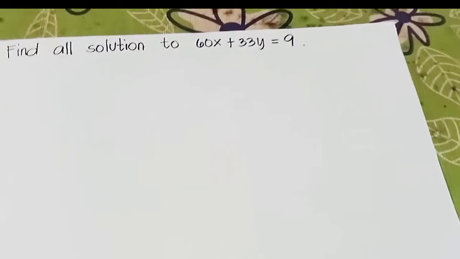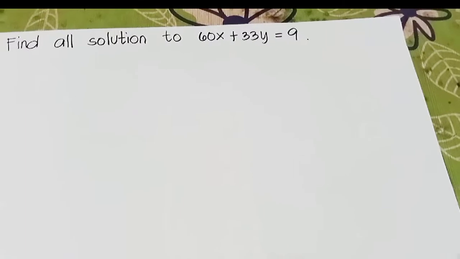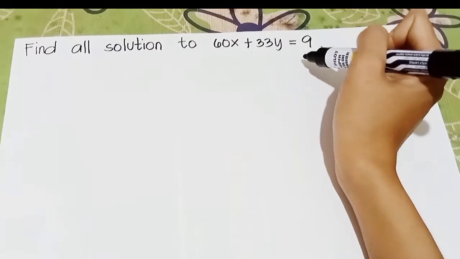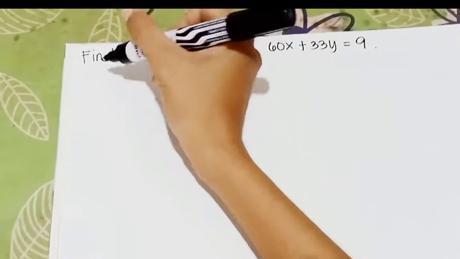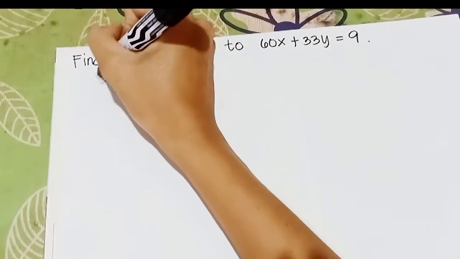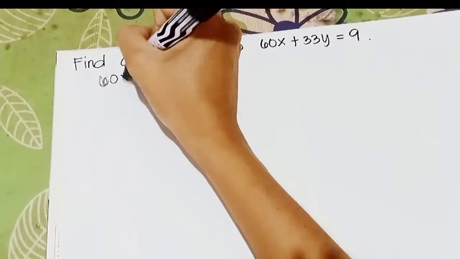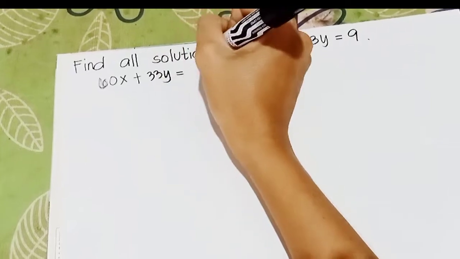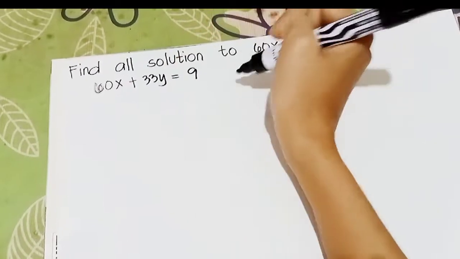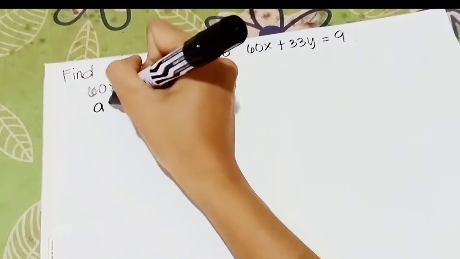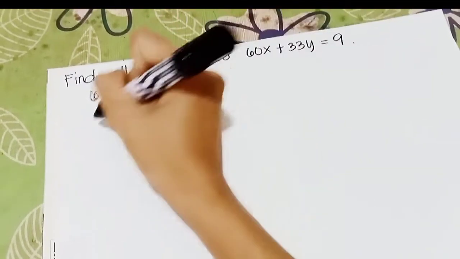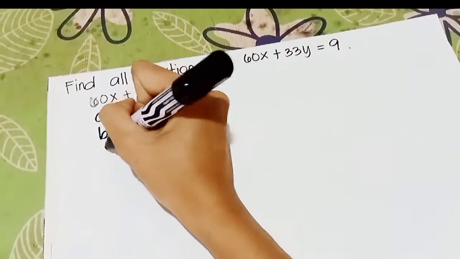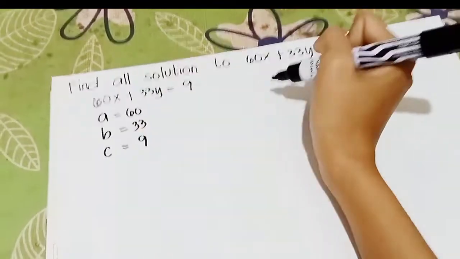Now let's proceed to the next example. Find all solutions to 60x + 33y = 9. The given equation is 60x + 33y = c, so a equals 60, b equals 33, and c equals 9.